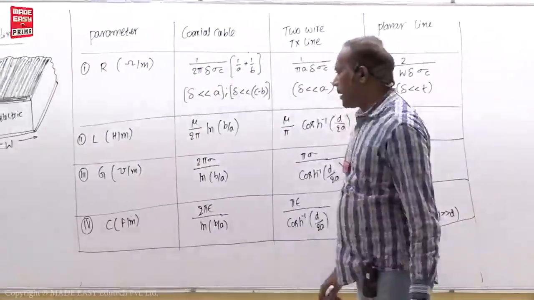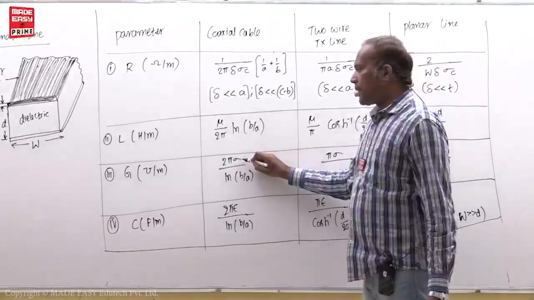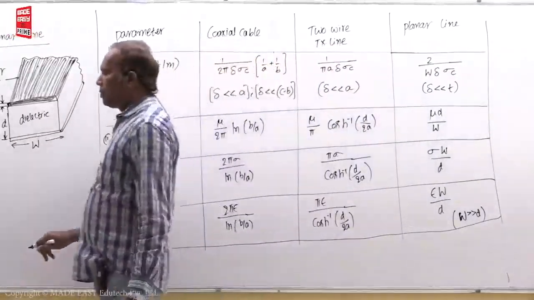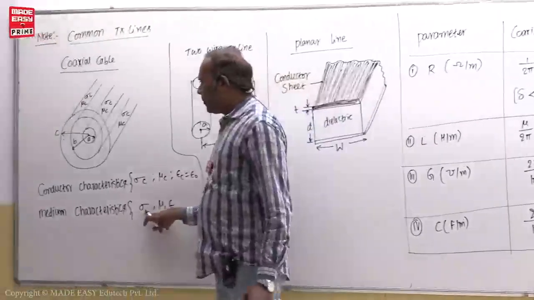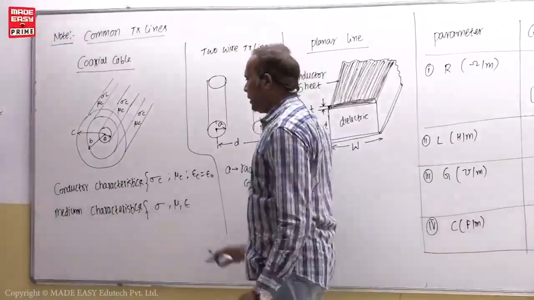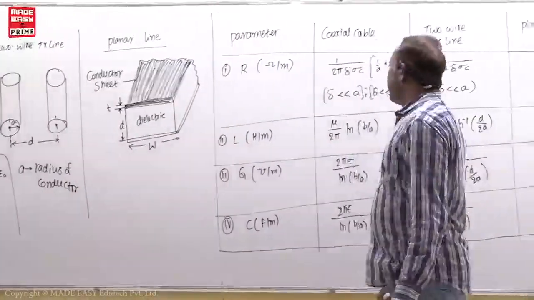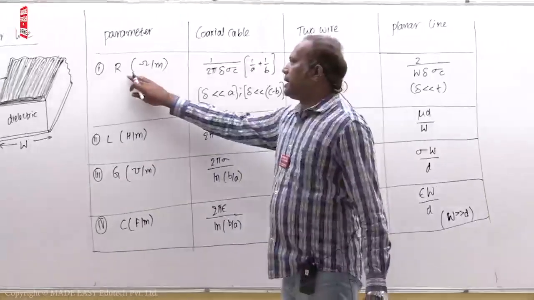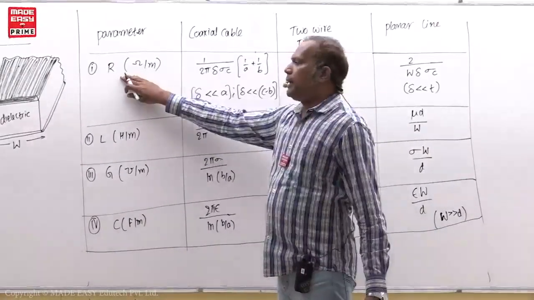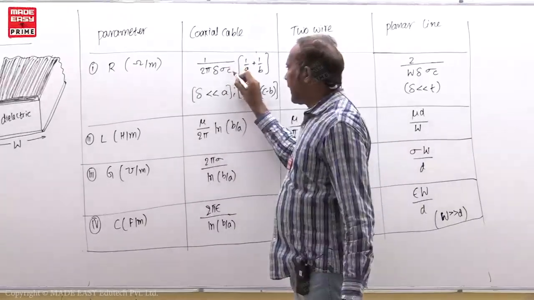Here I already told you, dear students, sigma means the conductivity of the medium, that is, the conductivity of the medium present between the conductors. Be careful with the notations and symbols here. Resistance is calculated for the conductors, that is why sigma of the conductor came.